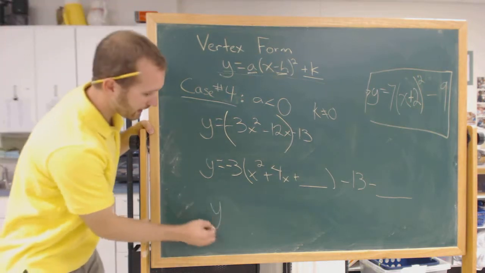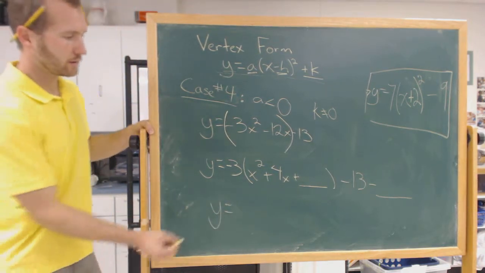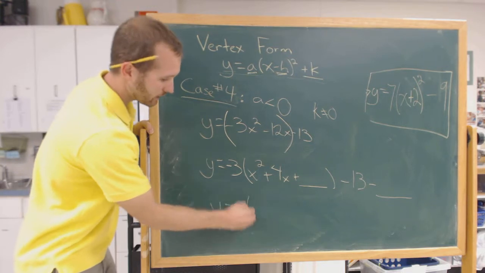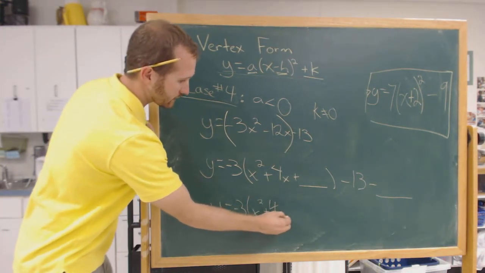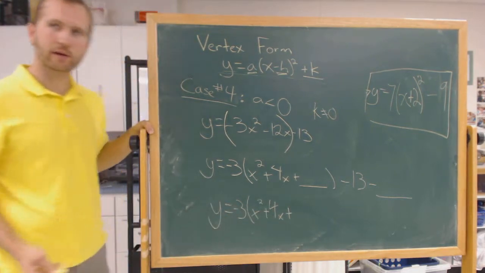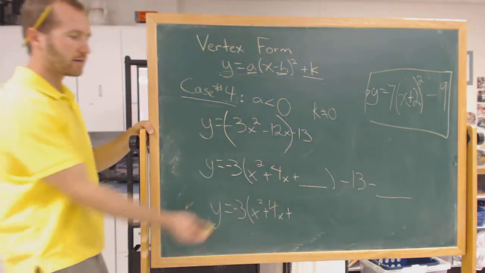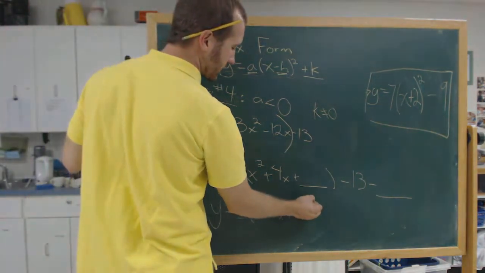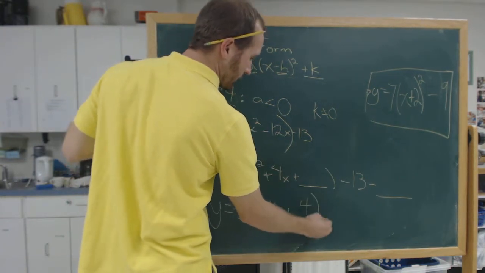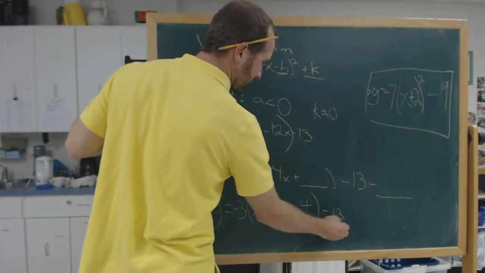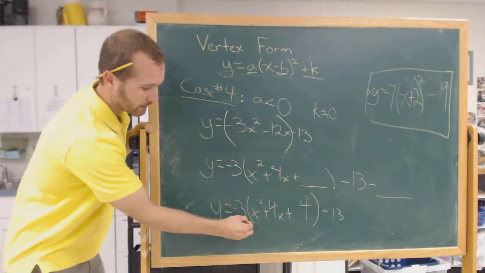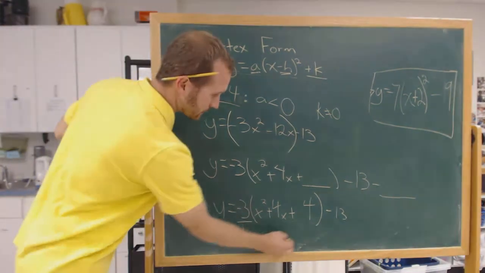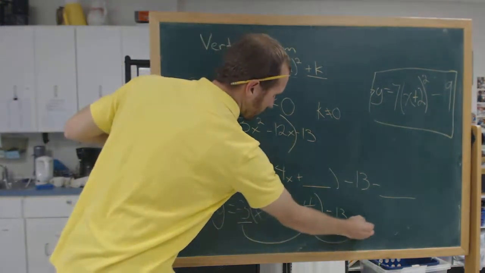Y equals negative 3 times (x squared plus 4x plus what)? How do I complete that square? Half of 4 is 2. 2 squared is 4. And then I'm going to add negative 3 times 4, which is negative 12, over here.